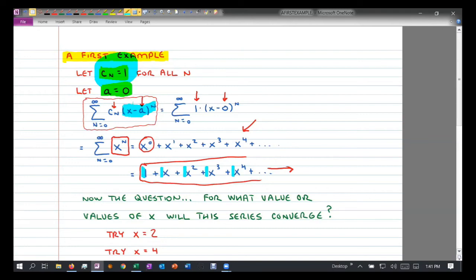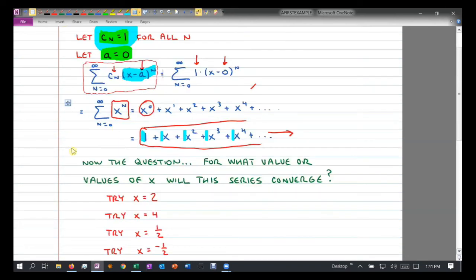So I now have a question. For what value or values of x will this series converge? Okay, so now we're talking convergence. All right, let's try this first one. Hopefully you understand that we're looking at this series right here, which comes from that formula right there. And what I'd like to ask first is what happens if x is 2?